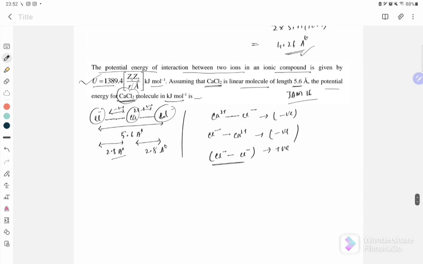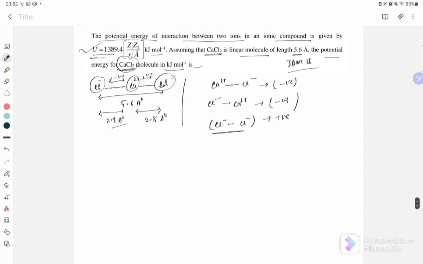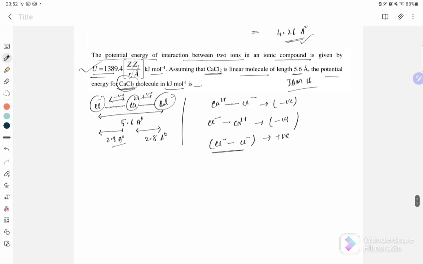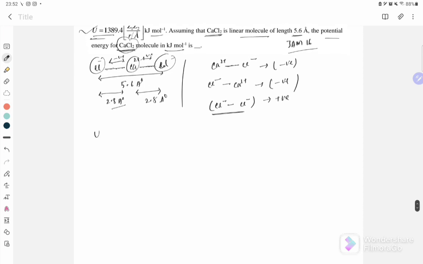So what is our potential energy of CaCl2? It is given by this equation, so we just have to put everything in it. U total is U for Ca2 plus Cl minus plus U for Cl minus Ca2 plus plus U for both Cl minus.